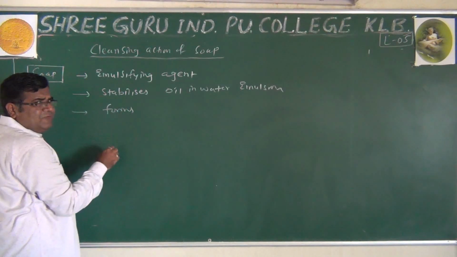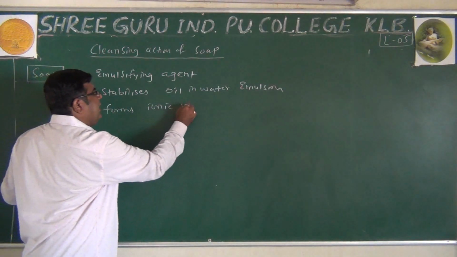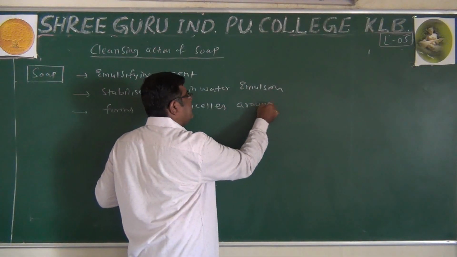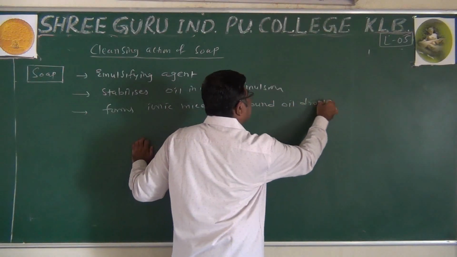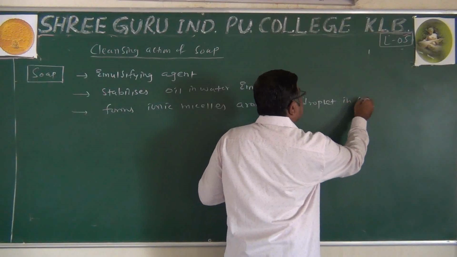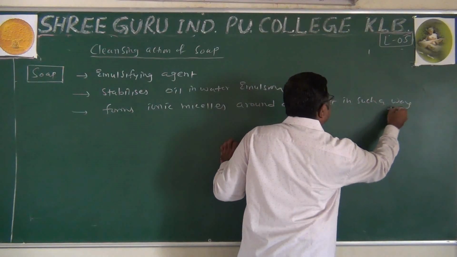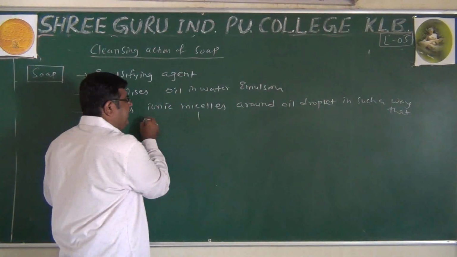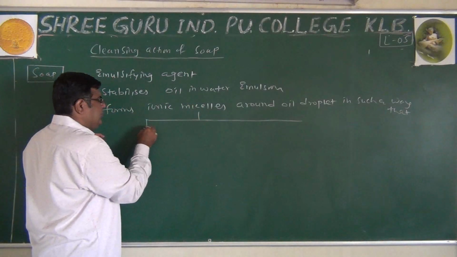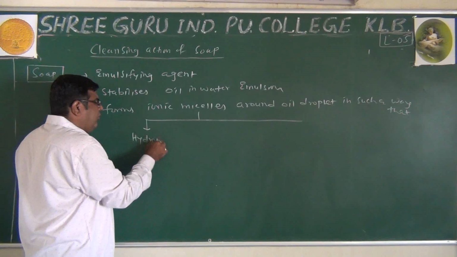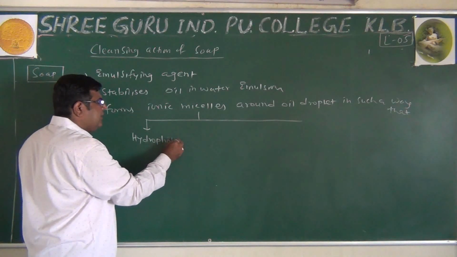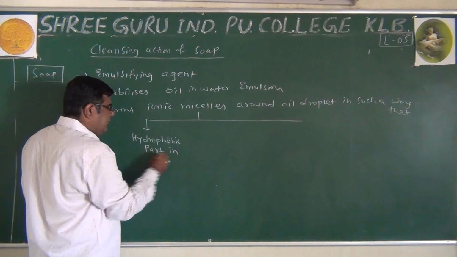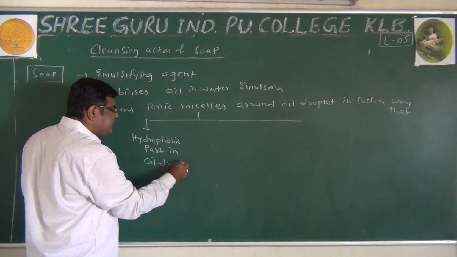How does it stabilize it? It forms ionic micelle around the oil droplet in such a way that it covers that oil droplet in a very specific way. And that's why soaps are useful. The hydrophobic part, which is water repelling, is in the oil droplet.